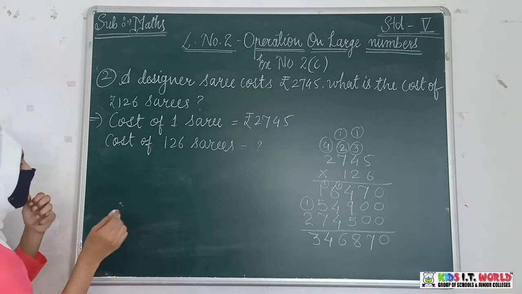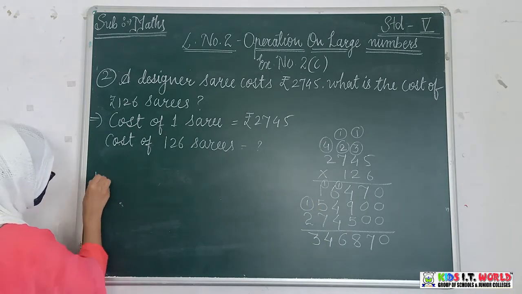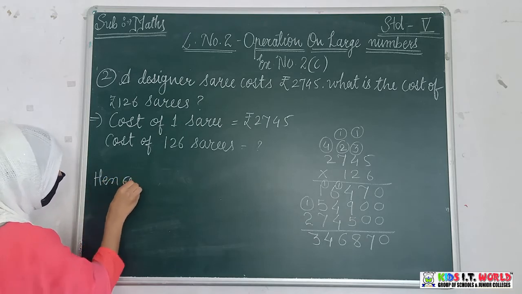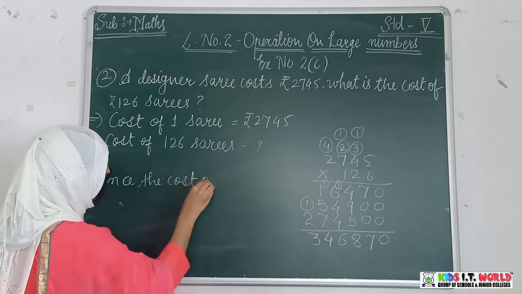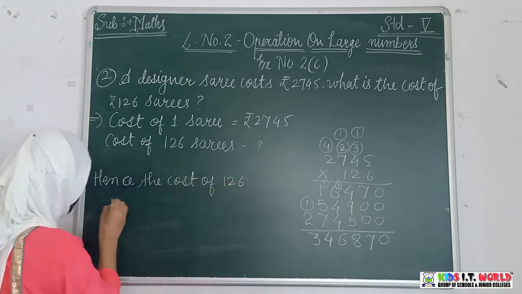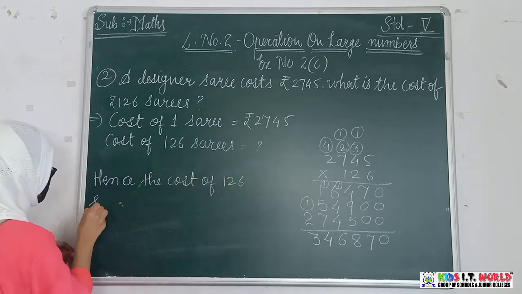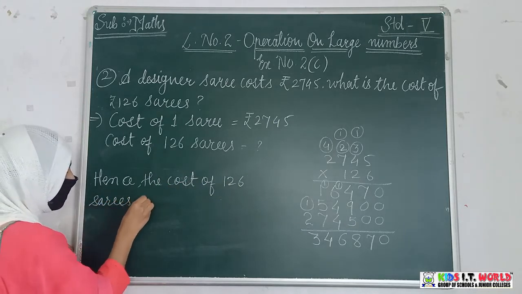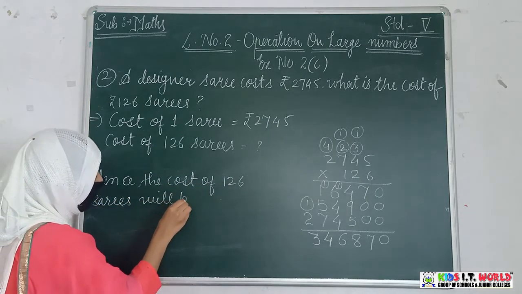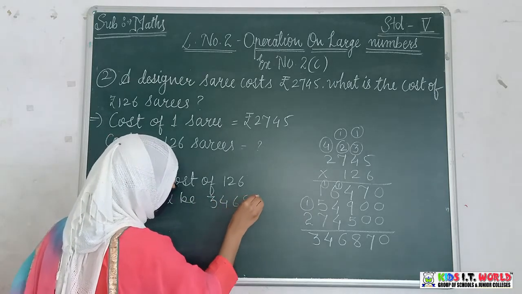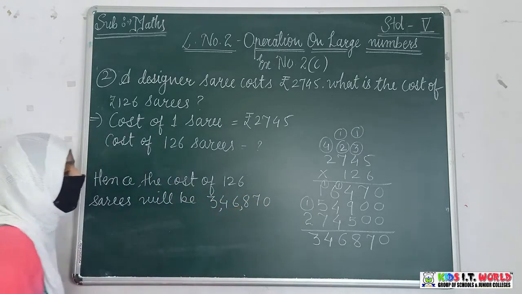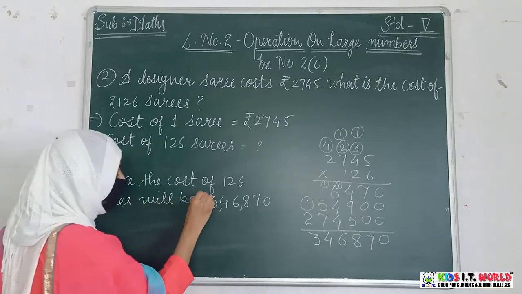So in words, how will you write? Hence the cost of 126 saris will be 3,46,870 rupees.